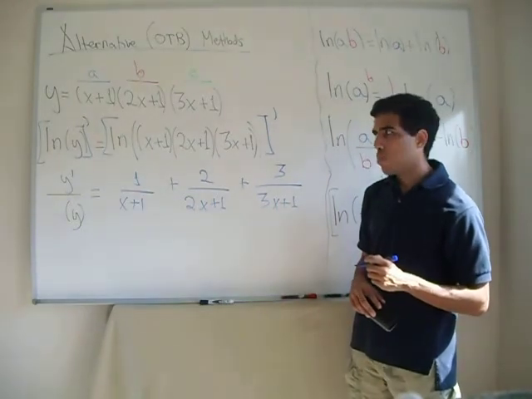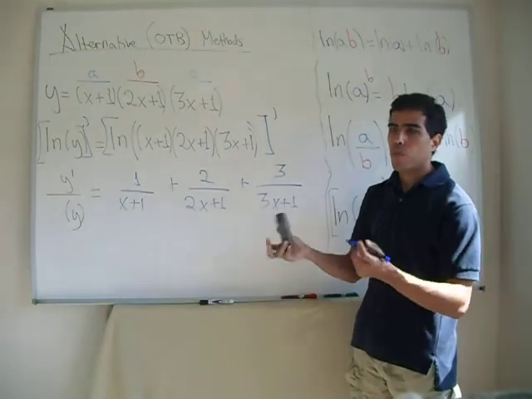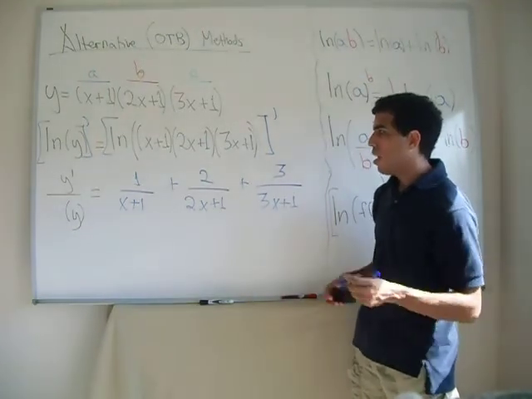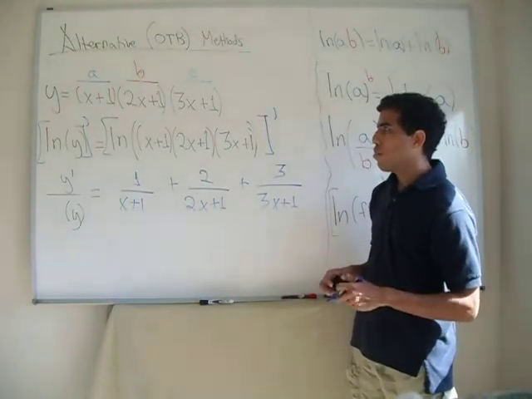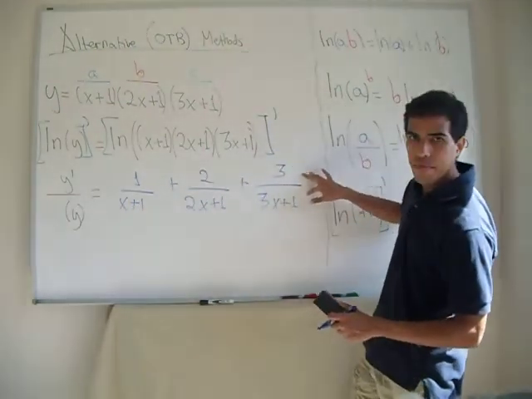Is there something else missing? Yeah. We have to leave the y prime alone, which is what they're asking us for. All we're going to do is simply take this y and move it all the way here, and we will be done.